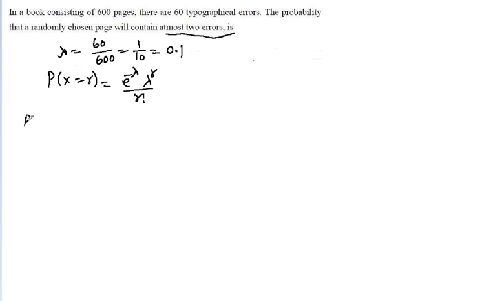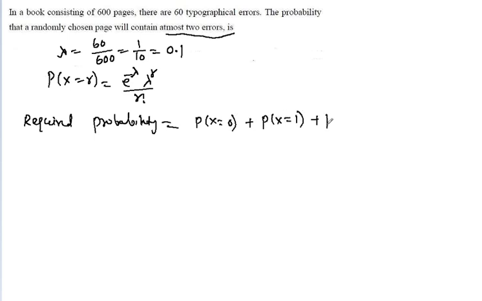So the required probability is at most 2 errors, that means P of X equals 0 plus P of X equals 1 plus P of X equals 2.